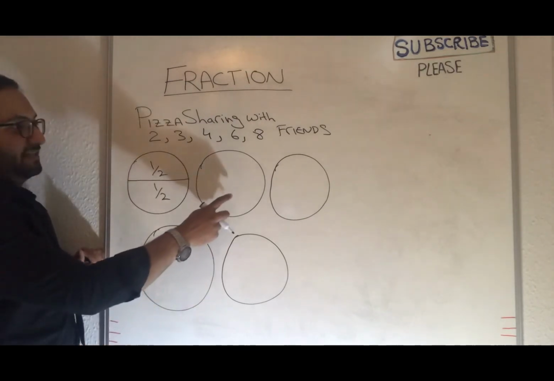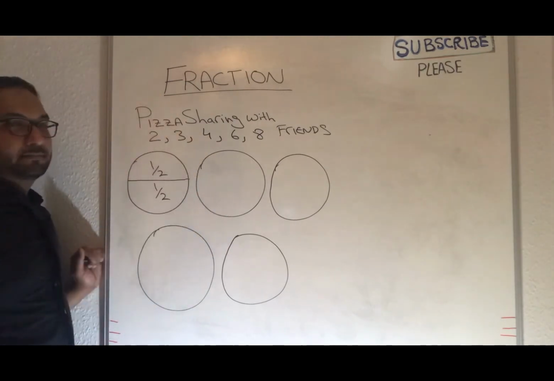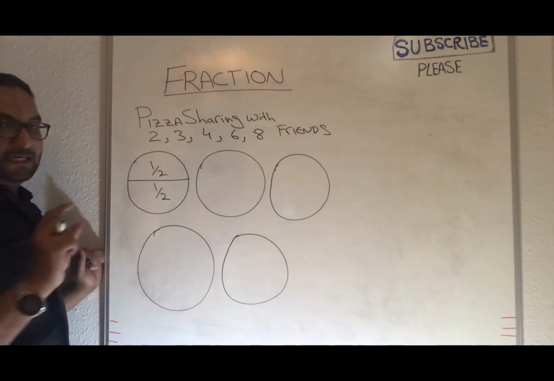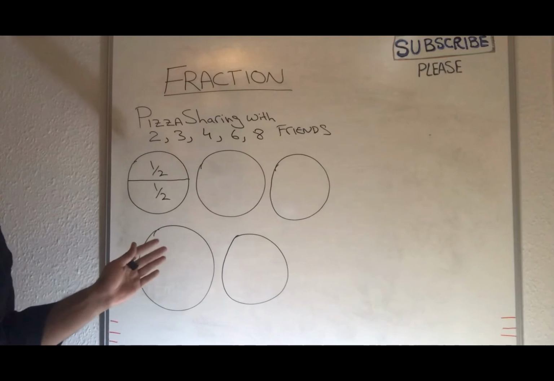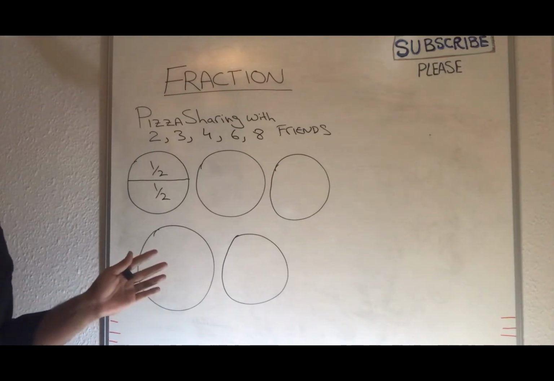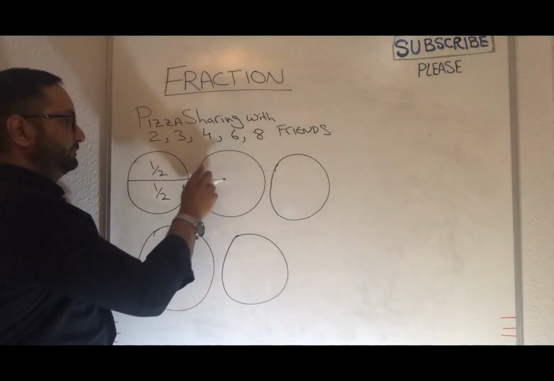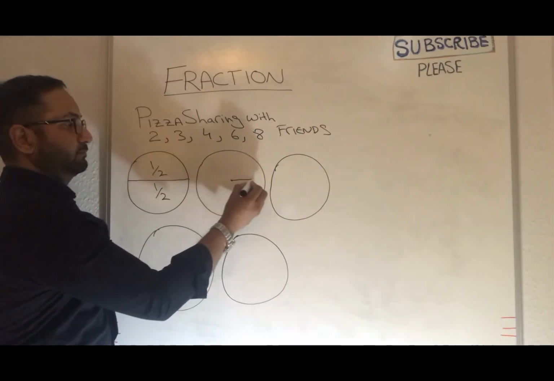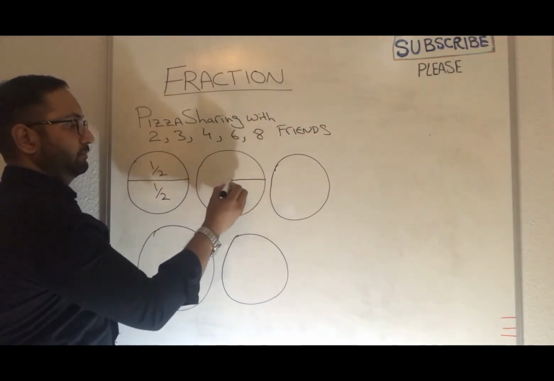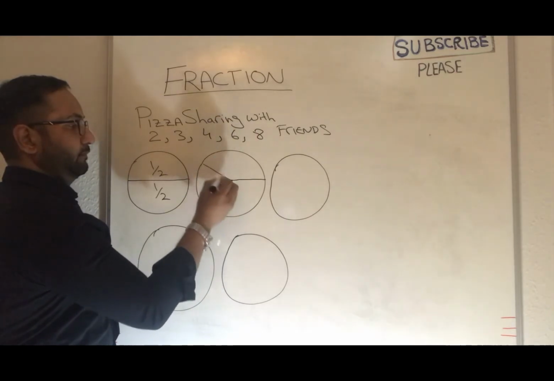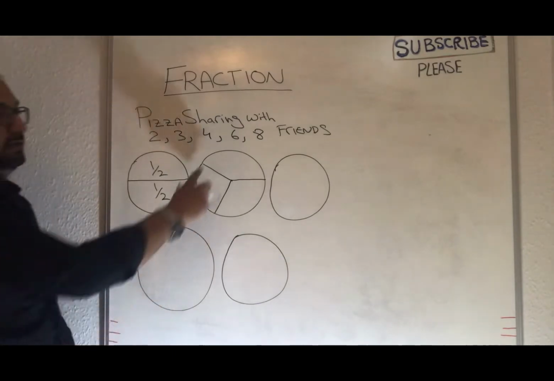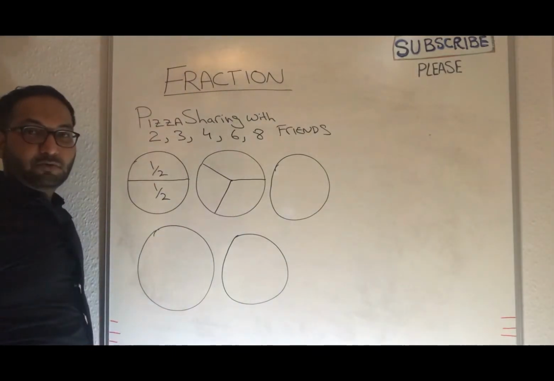If we are sharing this pizza with 3 people, then we need to equally distribute it into 3 parts. So let's see. This is the middle point. Now you can say that we have 3 equal parts.